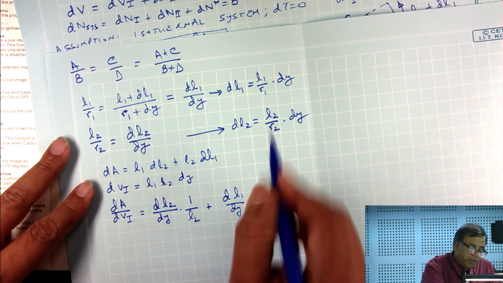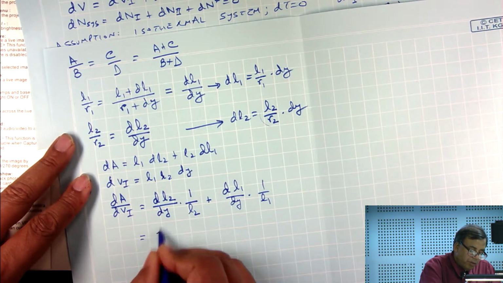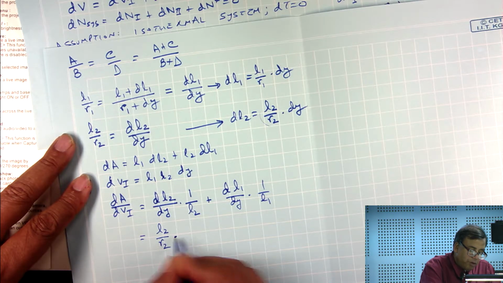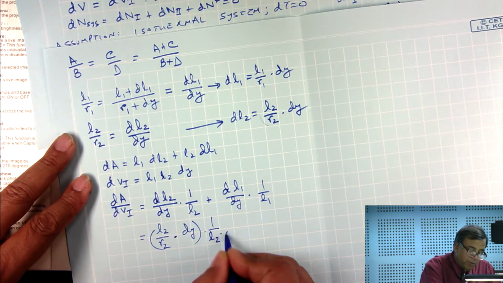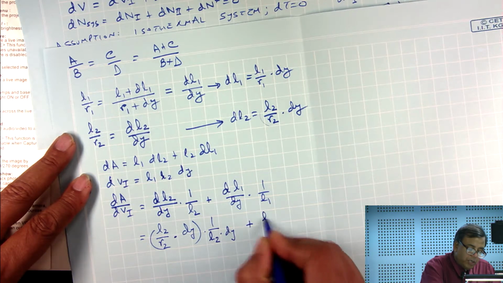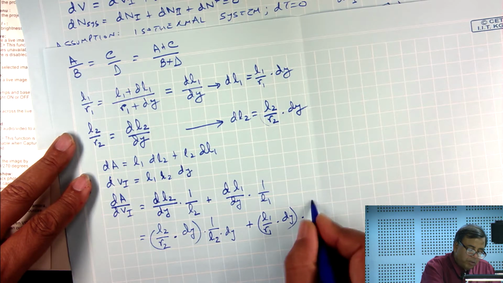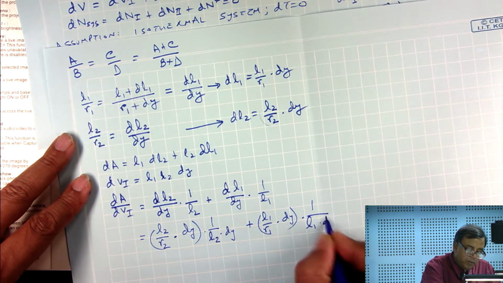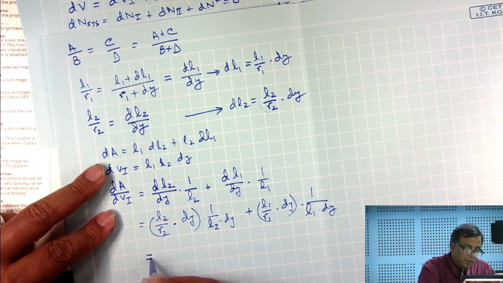So, I can substitute my dL2 to be equal to L2 by R2 times dy. So, I can write it as L2 by R2 times dy times 1 by L2 times dy plus L1 by R1 times dy divided by 1 by L1 times dy. So, what do I end up with? I end up with 1 by R1 plus 1 by R2.